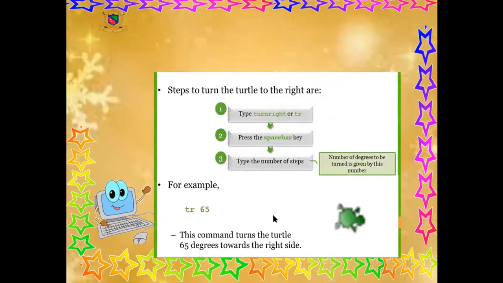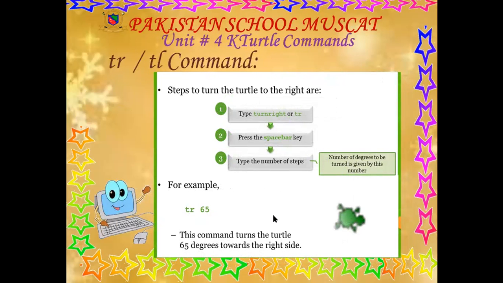Now we move on towards the next ones, and that is turning right and left, means TR and TL. Both of them, with their alphabets, it is clear that they turn the turtle towards the right side or the left side.